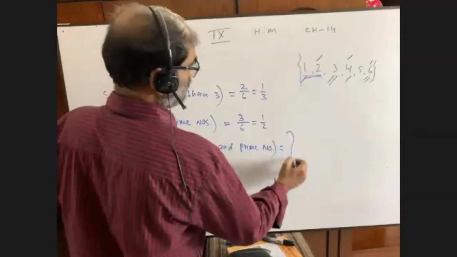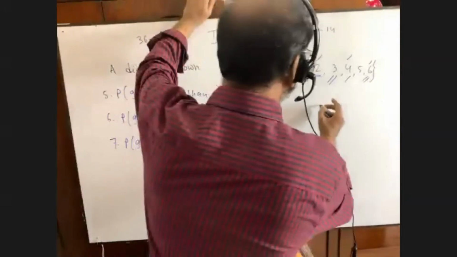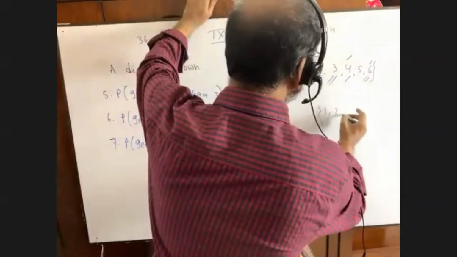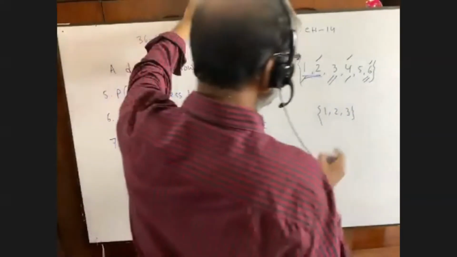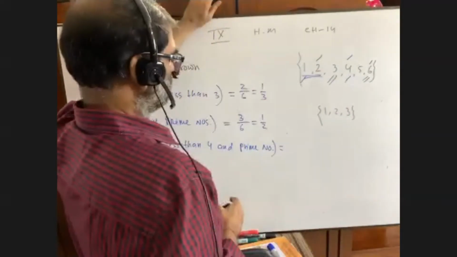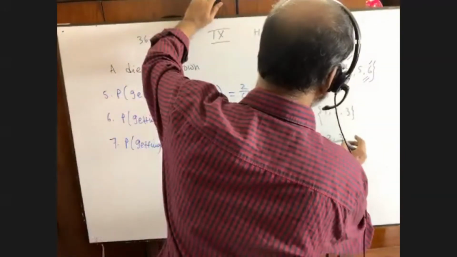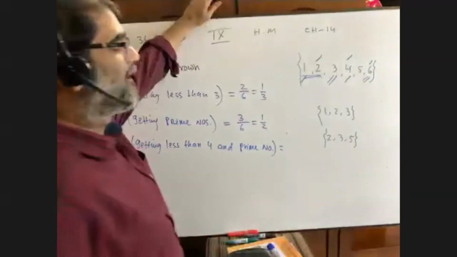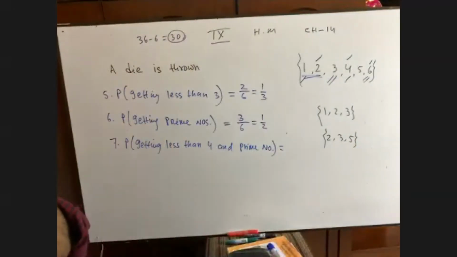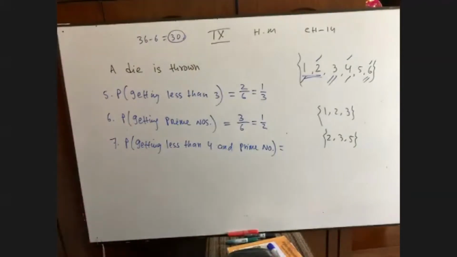Now, you do it. I want less than 4. Less than 4 means 1, 2, 3. And prime numbers are 2, 3, 5.